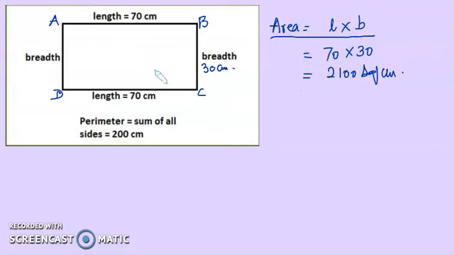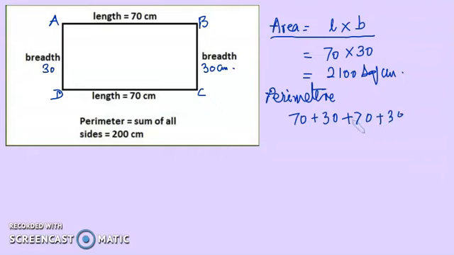Also, here the perimeter will be the sum of all the sides. So if this is 70, this is 30, this is 70, and again this is 30. So perimeter of this rectangle will be 70 plus 30 plus 70 plus 30, where 70 is the length and 30 is the width, or we can say 2 times 70 plus 30, which is 2 times length plus breadth.